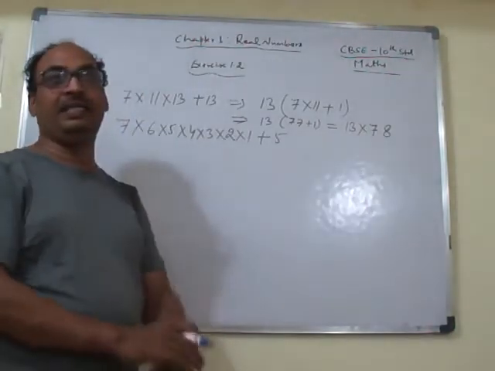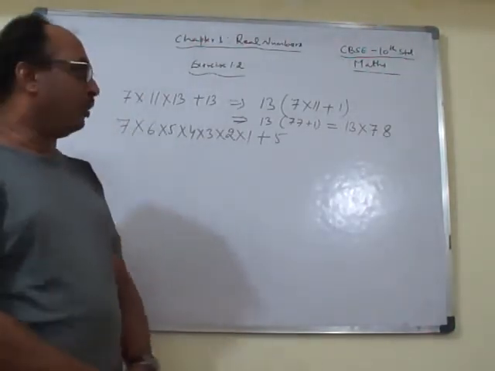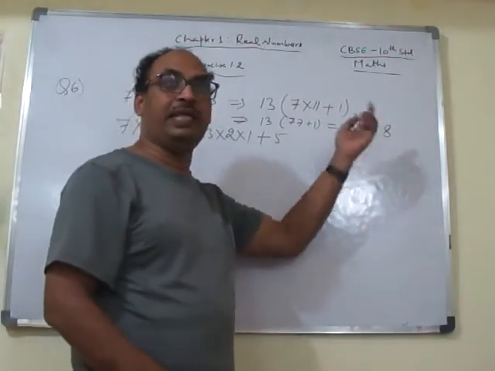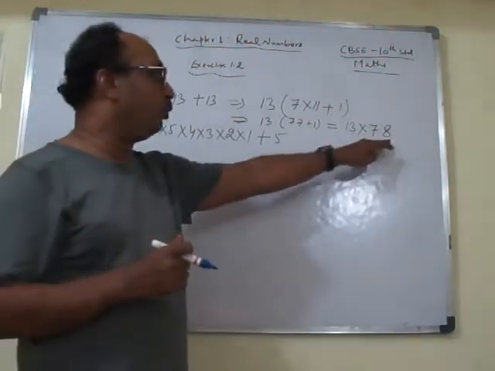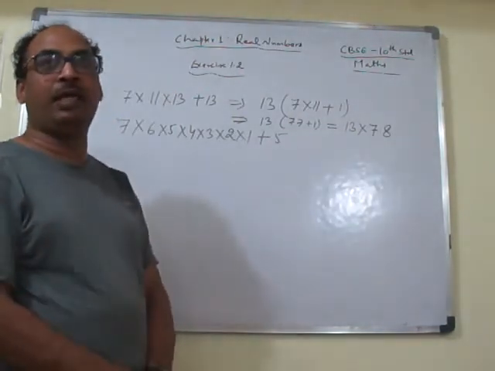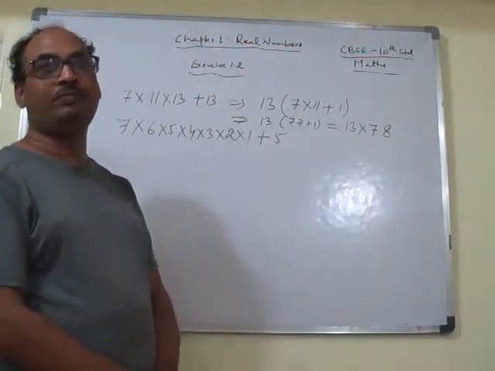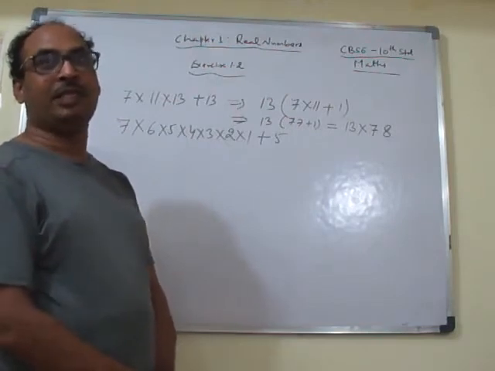Now 78 is a composite number, and when this composite number is multiplied with the prime number, it will become a composite number only.